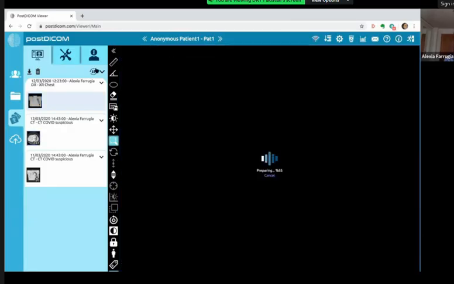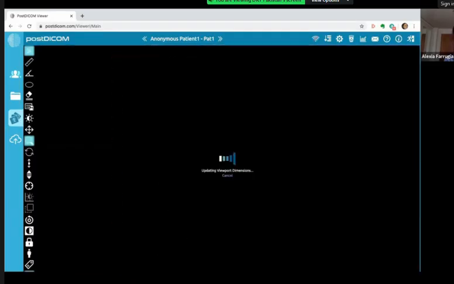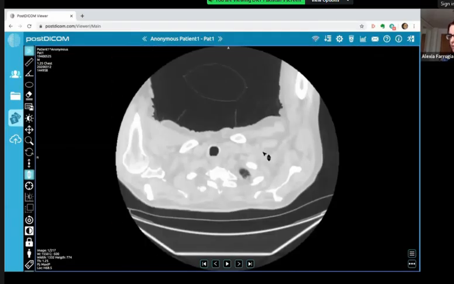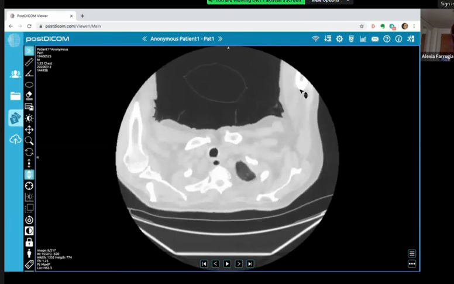I will show you the axials to start with. Okay, so I'm going to scroll through, focus on the lungs.